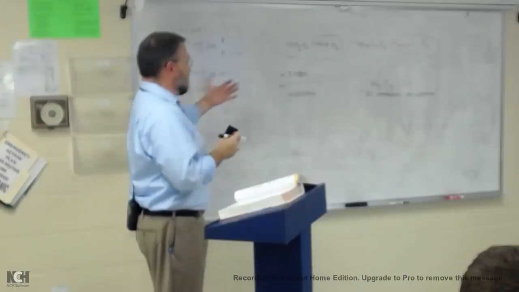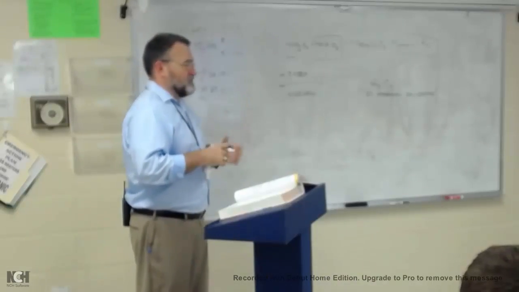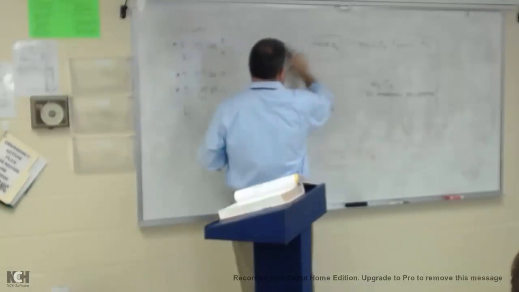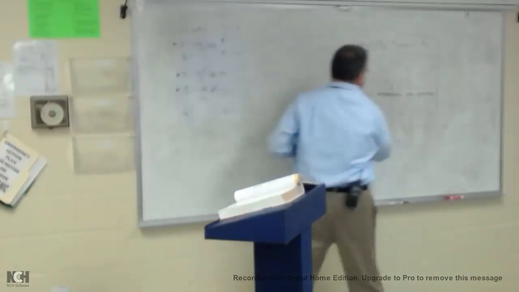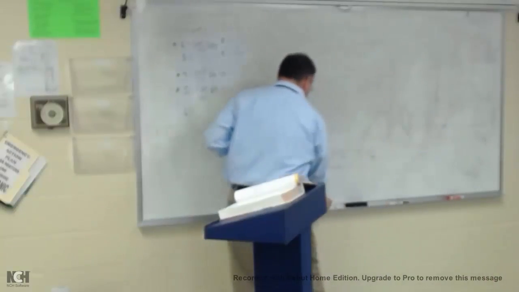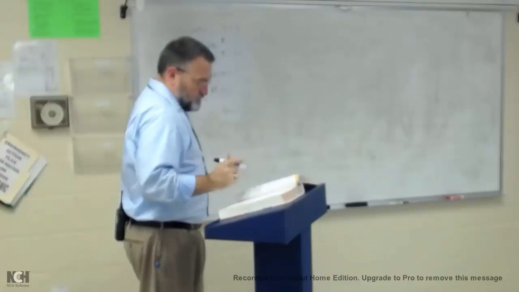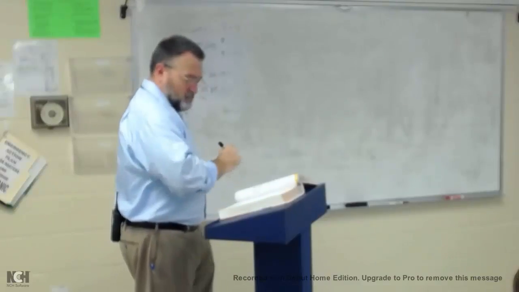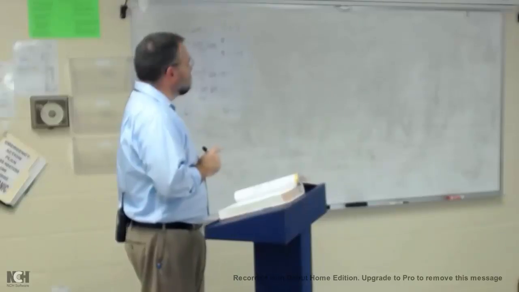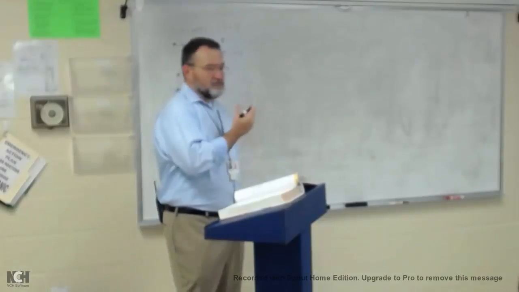I think probably the biggest issue for these 3 problems is just knowing how to take a word problem and set it up as a chemical equation, as a chemical reaction. So let's look at 5 real quickly, just the setup. In making calcium nitride, what part of the chemical formula can we write on the board?